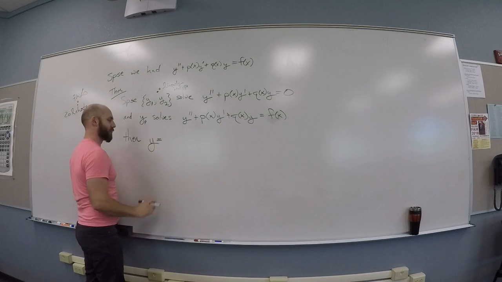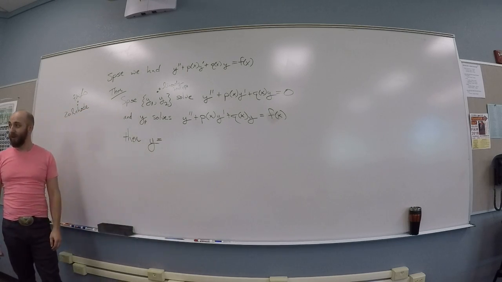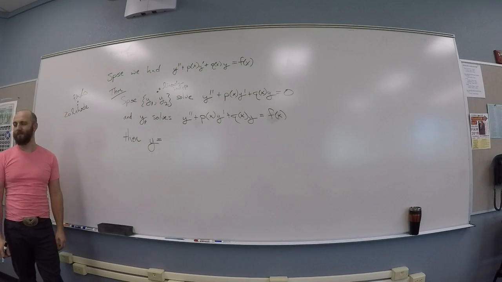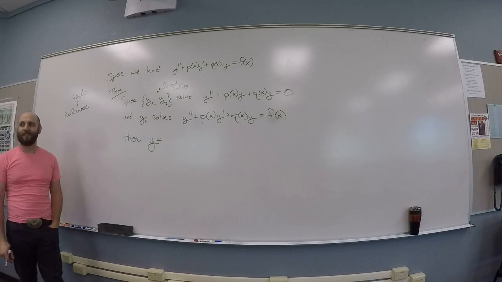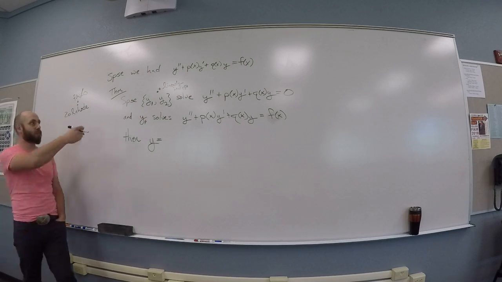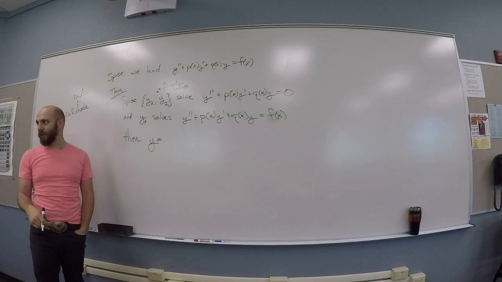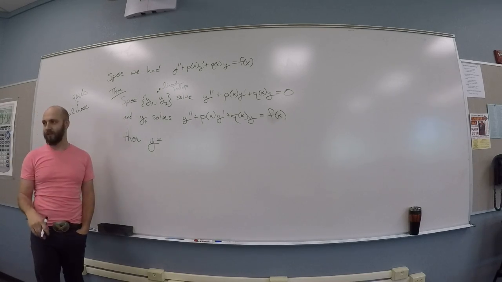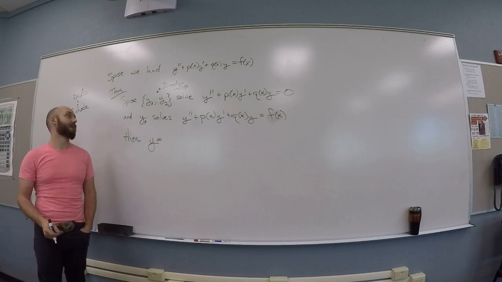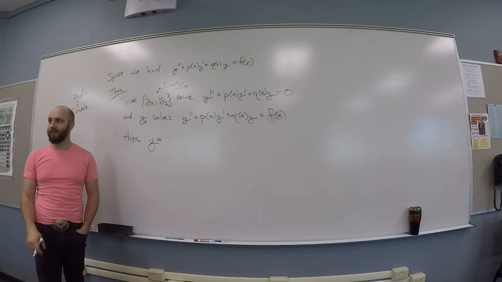y, the general solution, is given by, guess what? Think more generally. You found y1 and y2. They might be e to the whatever, or something totally different, like if y1 is 1 over x and y2 is x cubed, and yp is cosine.